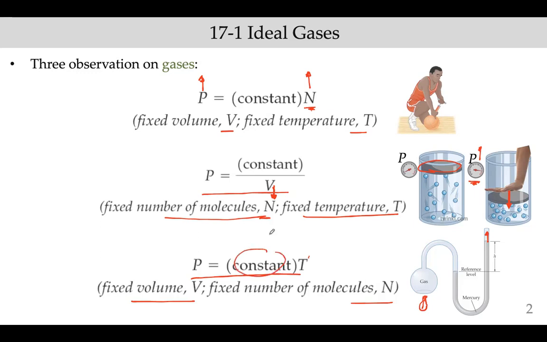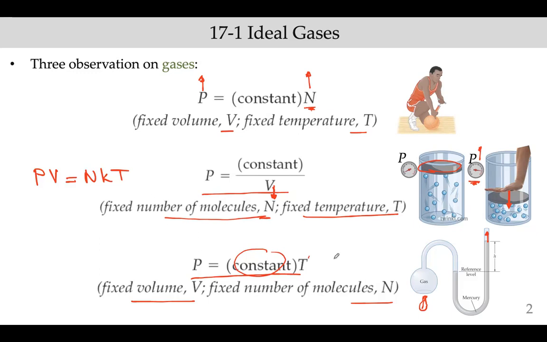The constant part historically was not known, so people made these observations, but later in the slides, we will see that all of these lead to the ideal gas formula, which is PV = NkT. Here k is just a constant, the Boltzmann constant.